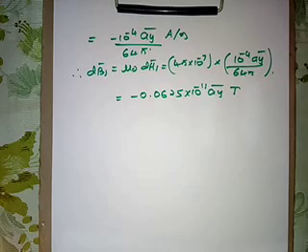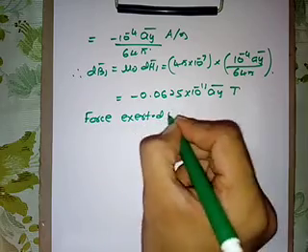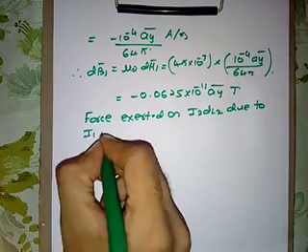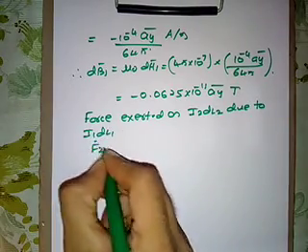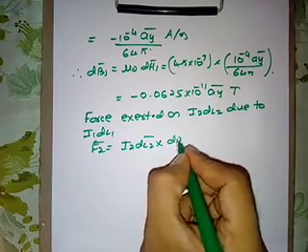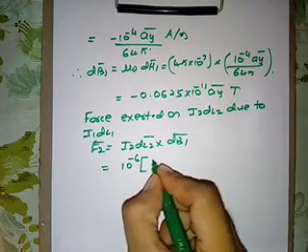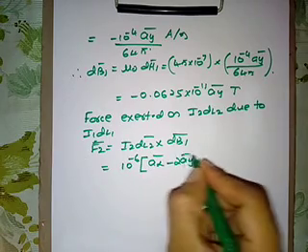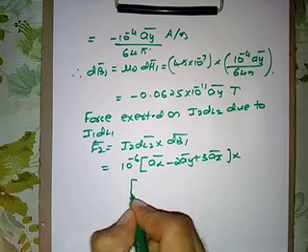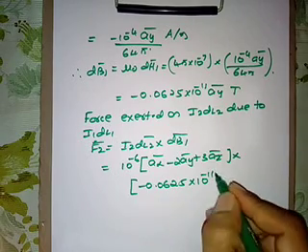So what is the force exerted now? Force exerted on I2 dl2 due to I1 dl1 is given by F2 bar is equal to I2 dl2 bar into dB1 bar, that is 10 raised to minus 6 into Ax bar minus 2 ay bar plus 3 az bar, this into minus 0.0625 into 10 raised to minus 11 ay bar.